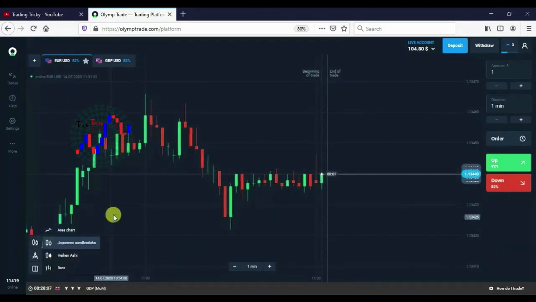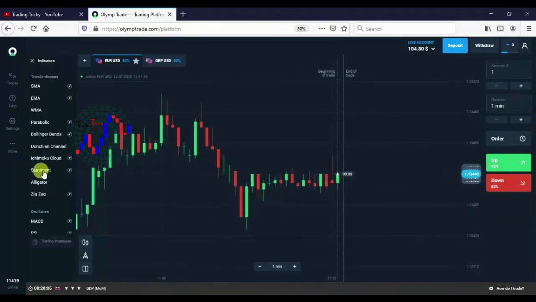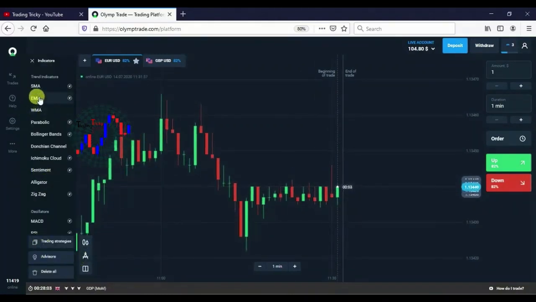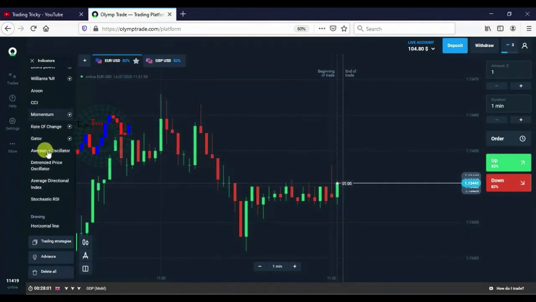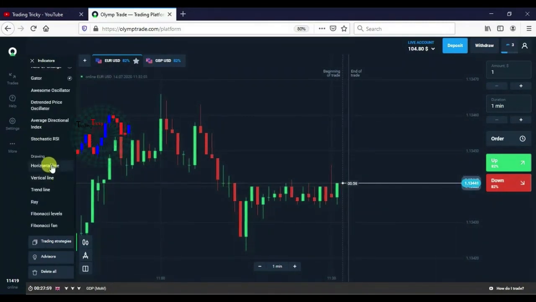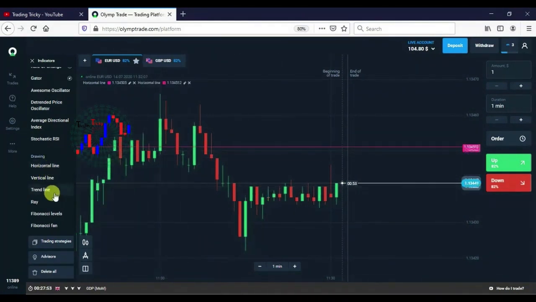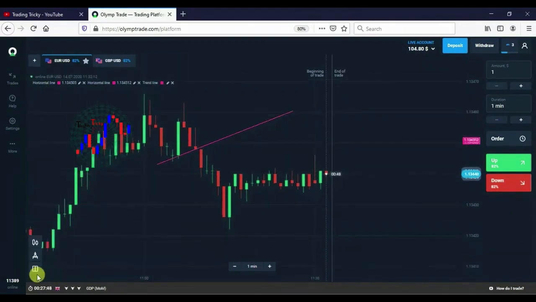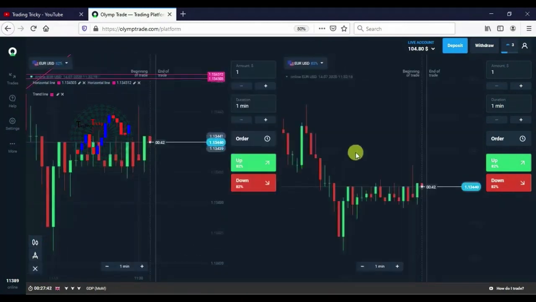This is the chart type, and from here you can add some indicators or just use the drawing tools here. Just go down, like you want to draw, okay, like this. And you can split the Olymp Trade window in two like this.